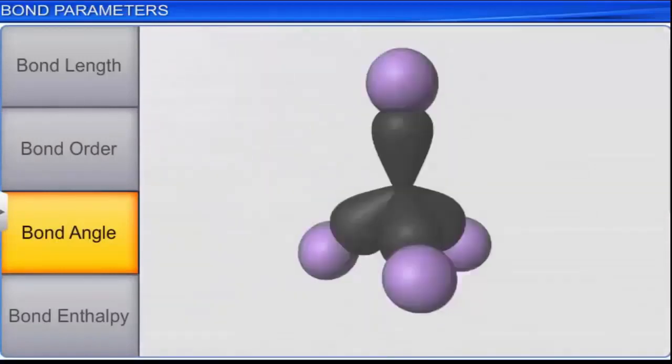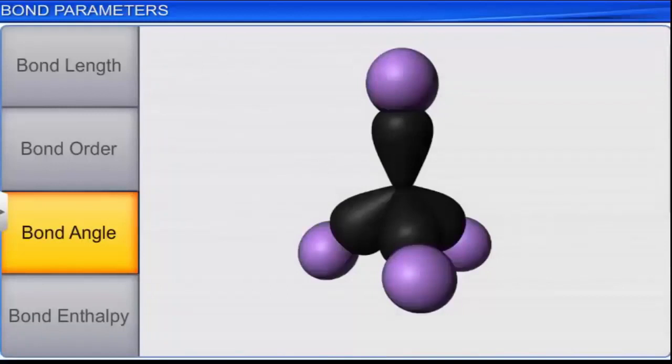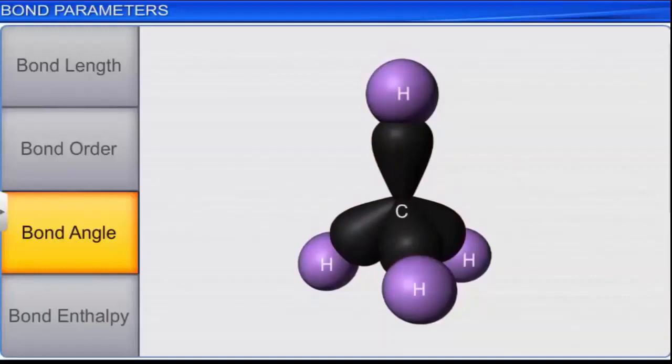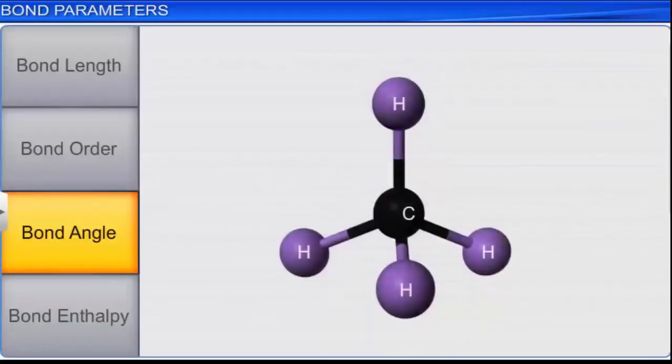In a molecule, the angle between the orbitals present around the central atom is called the bond angle. In a methane molecule, there are 1 carbon and 4 hydrogen atoms. The bond angle of methane is 109 degrees and 28 minutes. It means that the angle between any two bonds that are formed between a carbon atom and the hydrogen atoms is 109 degrees and 28 minutes.